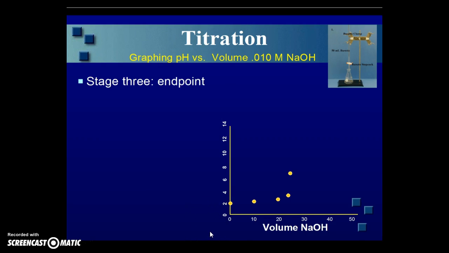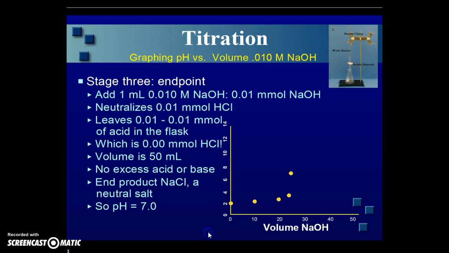At stage 3, we call that the end point. We add another milliliter of the base that neutralizes the last millimole of the acid, leaving 0 excess millimoles of HCl in the flask. There is now 50 milliliters of total solution in the flask. There's no excess acid or base.